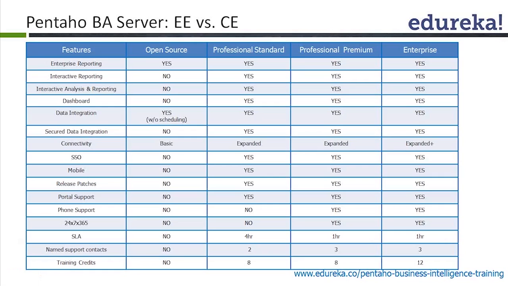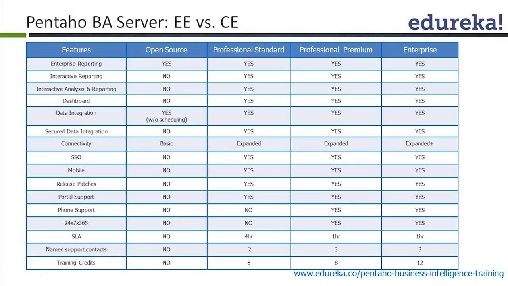Dashboard, open source, you will have to use CDE, Community Dashboard Editor, whereas the E edition has it out of box. Data integration, open source, yes, without scheduling, whereas E edition supports scheduling as well. Then secure data integration, open source doesn't have that feature, whereas E does.